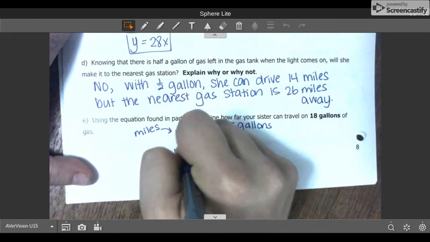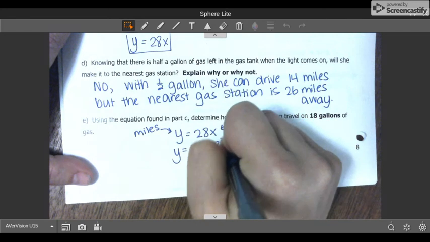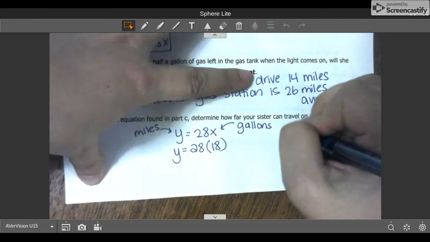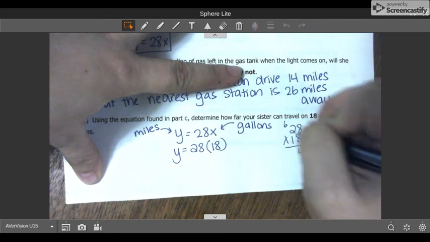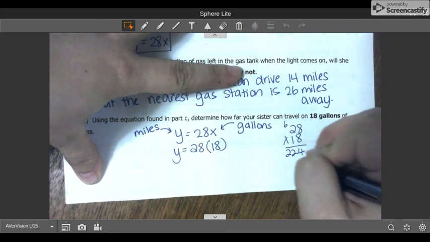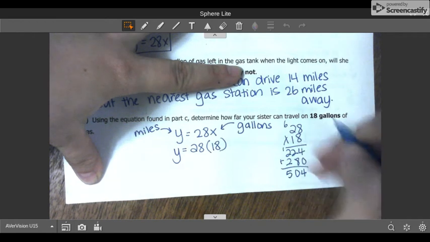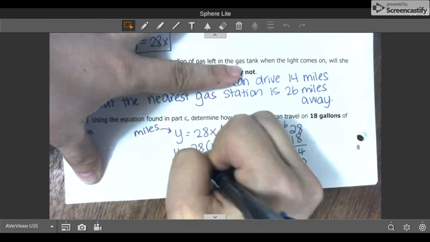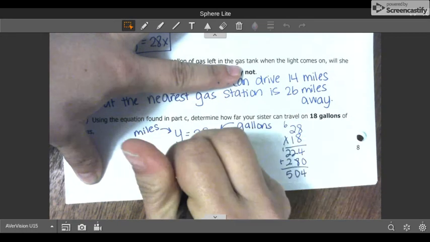So how many miles can she drive? Well, she can drive 28 per each. So 28 times 18. 4, 6, 22, 0, 8, 2. Add them together. She can drive 504 miles on 18 gallons of gas.